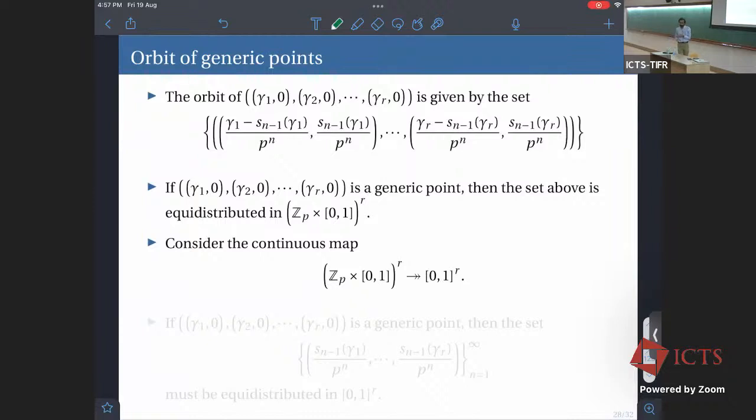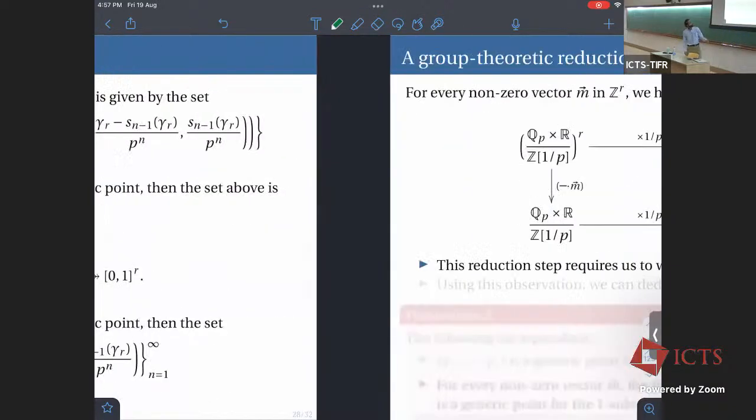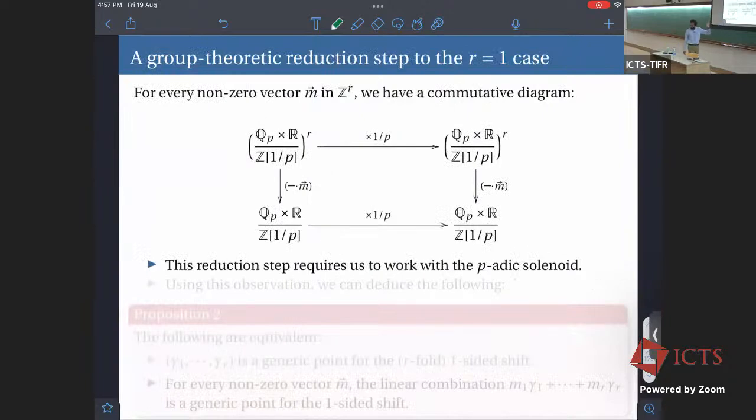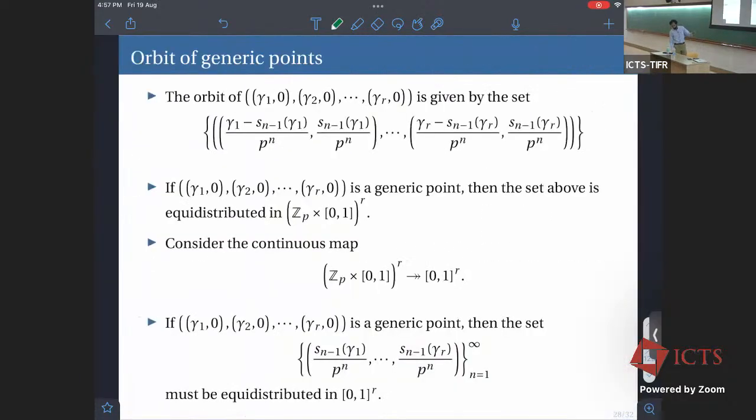But the map from ZP cross [0,1] to [0,1] is a continuous map, and the natural measure out here is sent to the standard Borel measure. So what that means is that if you have an equidistributed sequence on the left-hand side and you push it down, the projection of that set, which is this set out here, is also going to be equidistributed in [0,1] to the r. It's just a continuous map that preserves measures.